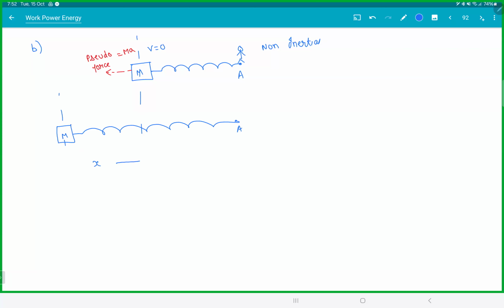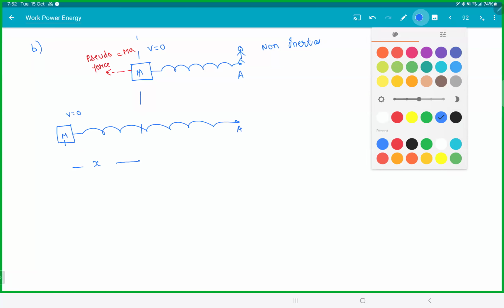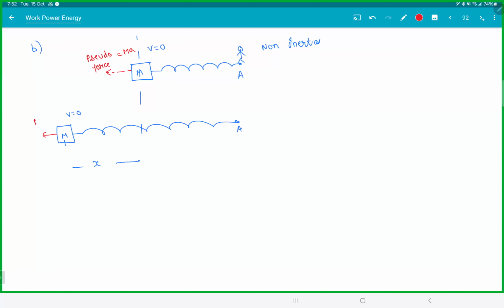This is your max elongation. At this point velocity will come to zero again, because if you have velocity, you'll continue to stretch. And the pseudo force is MA. So work done by pseudo force is MA into X. This is state 1, this is state 2.